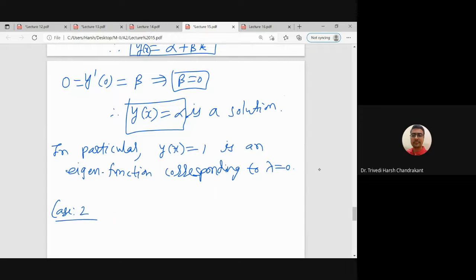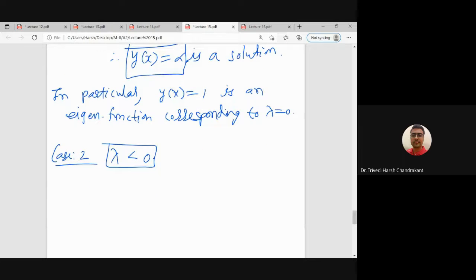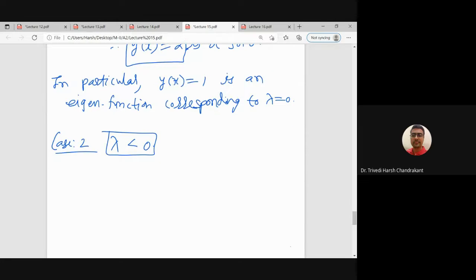Now in case 2, we will take the value of lambda to be negative. So for a negative value of lambda, is there any non-zero solution of the given differential equation?